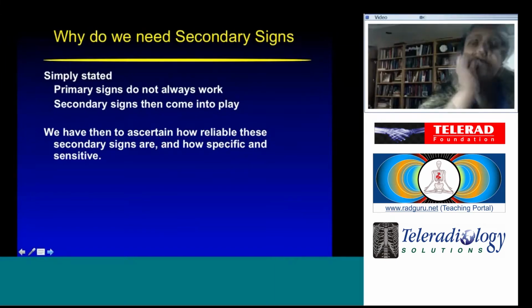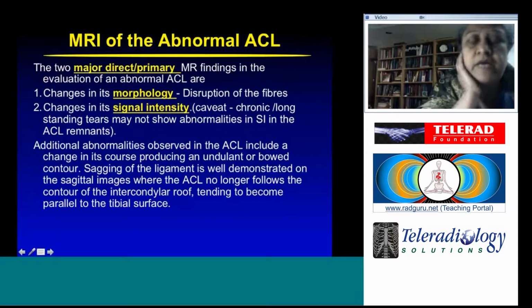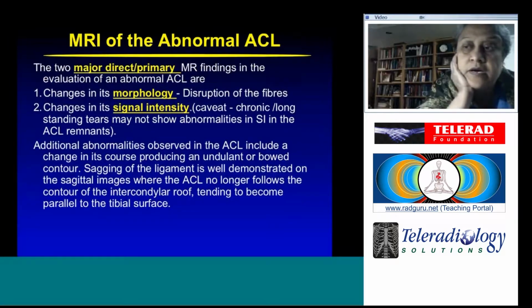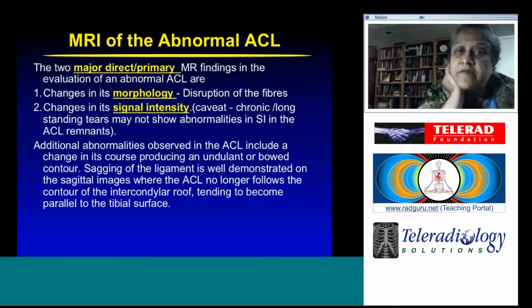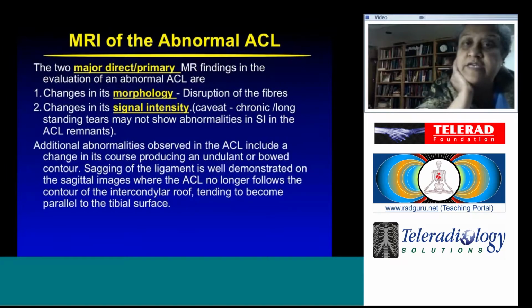Please remember that when we look at primary or secondary signs, we're comparing it with the gold standard, which may be arthroscopy or actual evaluation of the ACL injury with arthrotomy. Two major direct primary MR findings in the evaluation of an abnormal ACL are changes in its morphology.